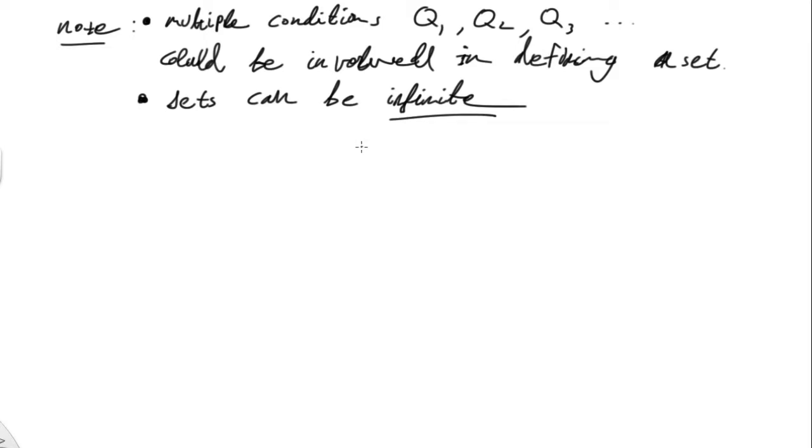There are a lot of details here that we're going to just gloss over, but I'm sure at this point you have a fairly good grasp of those sorts of things. Okay, so an example of an infinite set would be, we'll say that C is all non-negative real numbers.